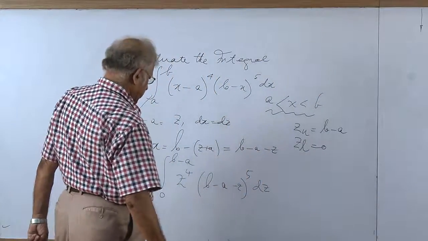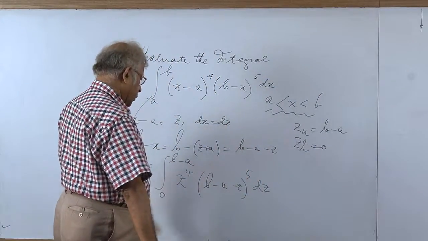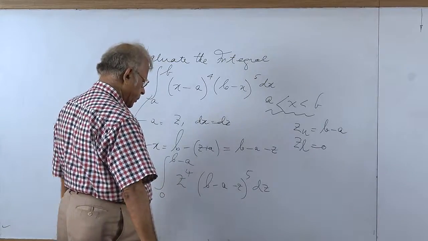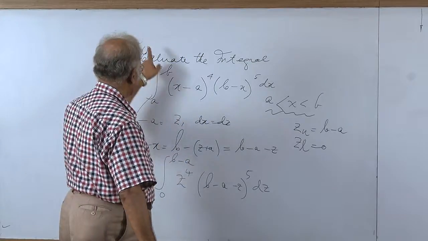So this is the reduced integral. There is one more step for the reduction which we will do from here as we go up.